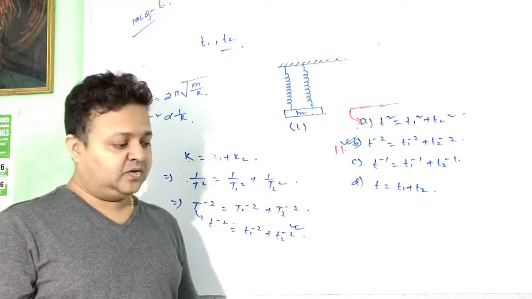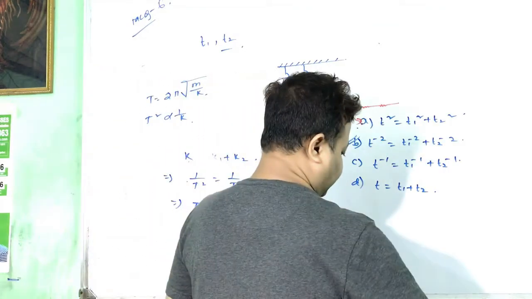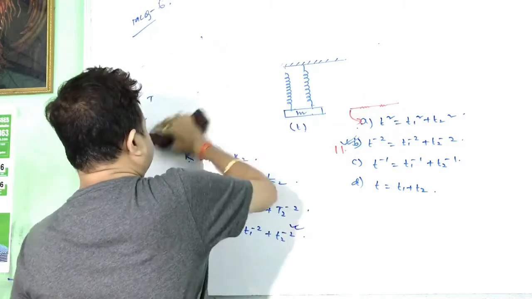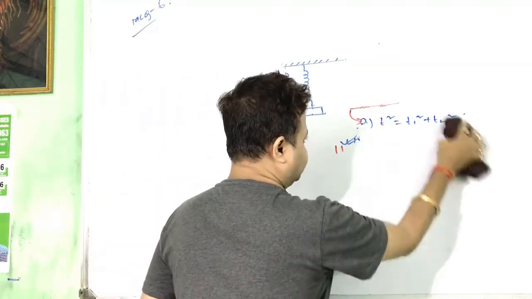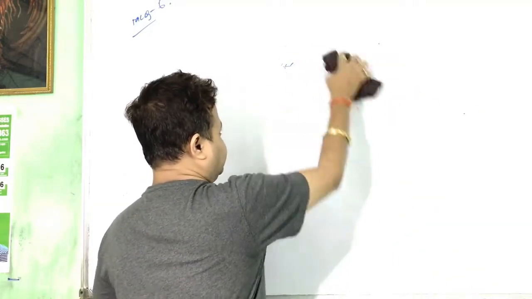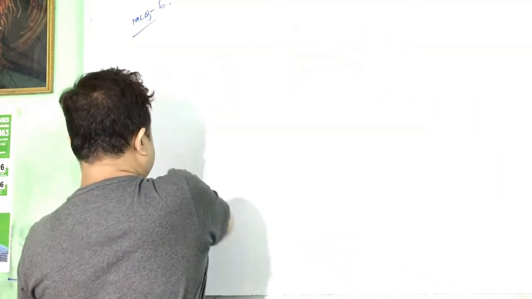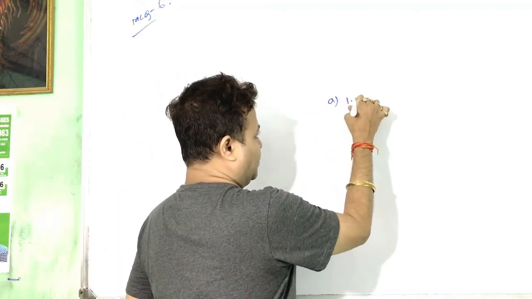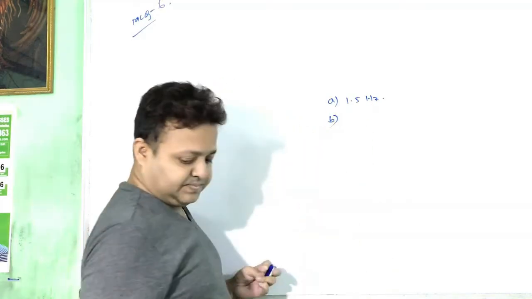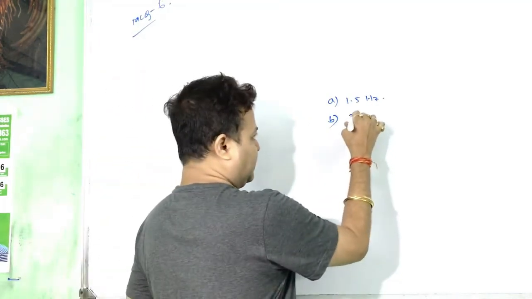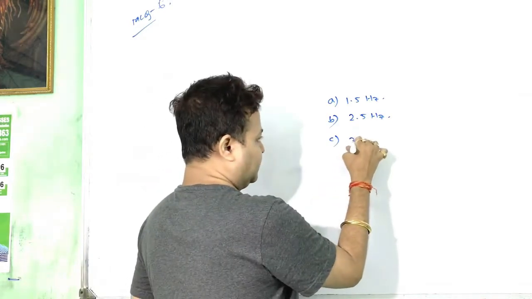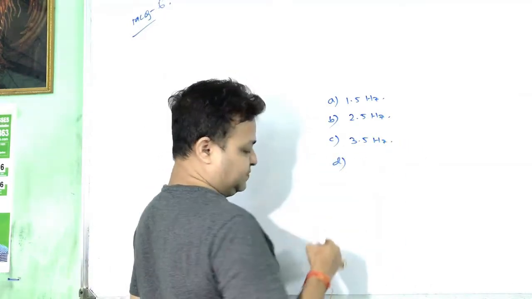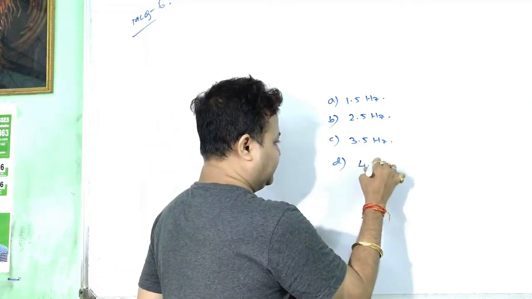Its frequency of oscillation will be. Option A, 1.5 hertz, B, 2.5 hertz, C, 3.5 hertz, and D, 4.5 hertz.